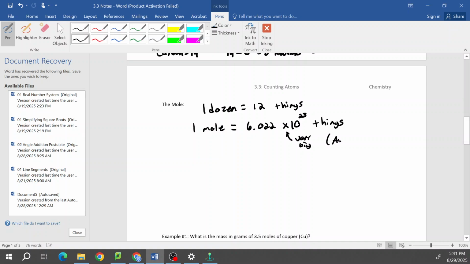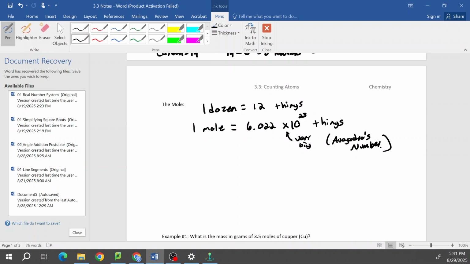This number is called Avogadro's number, and we will use it a lot throughout the year. So definitely memorize this number. I think it'll be pretty easy for you to memorize because you'll use it a lot in these example problems. But a mole is simply some way of counting a large number of things.